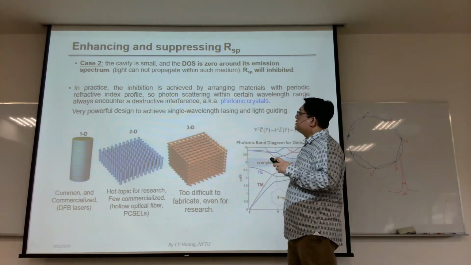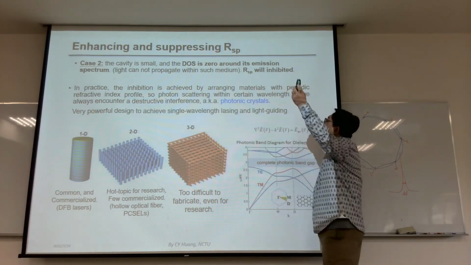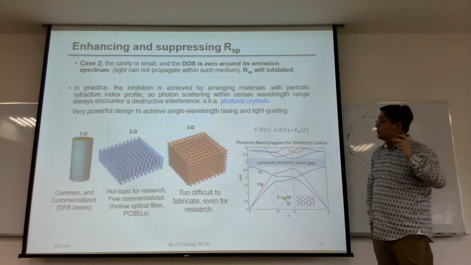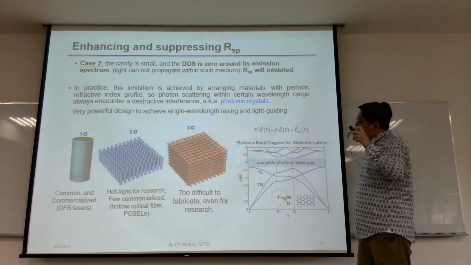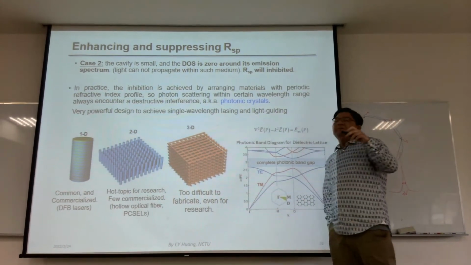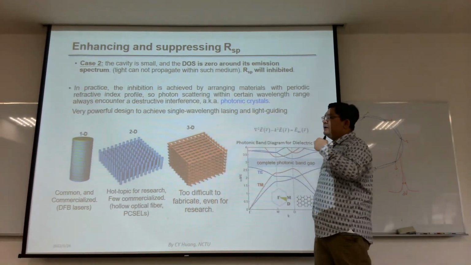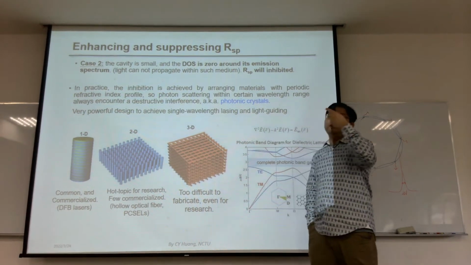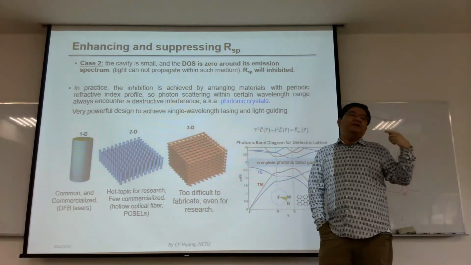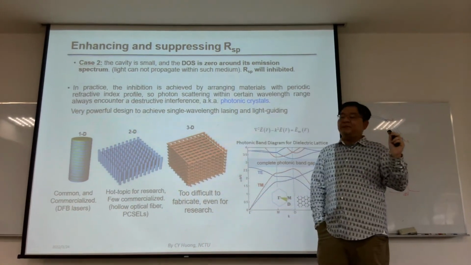So this comes to an important concept called the photonic crystal. A photonic crystal makes a change of periodic condition. That makes the light have 100% destructive interference at some spectral range.